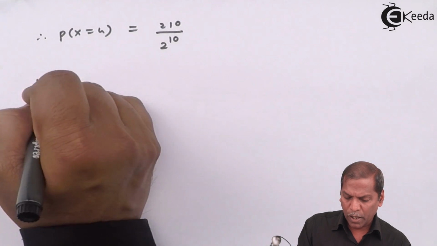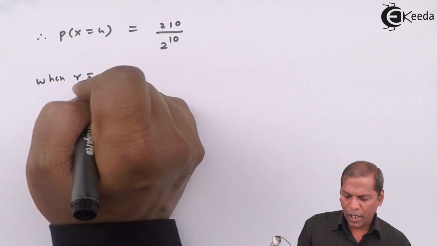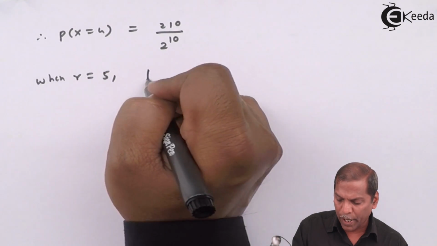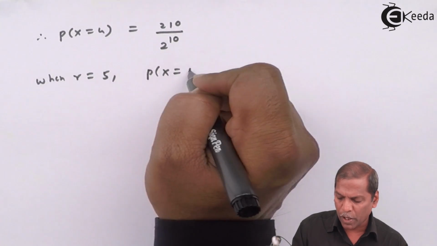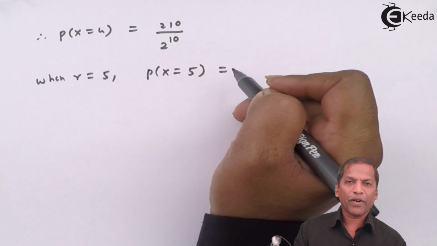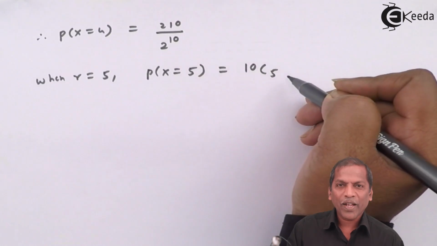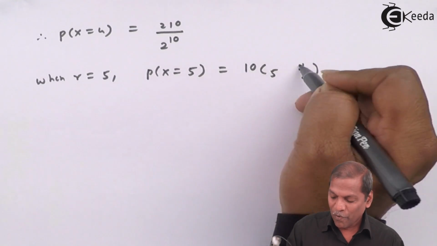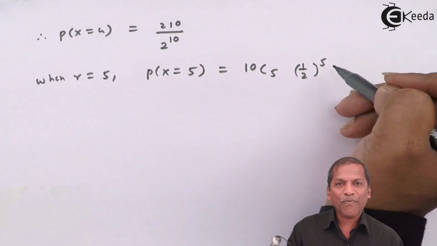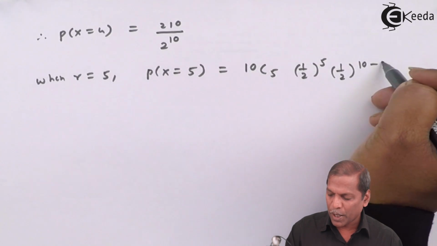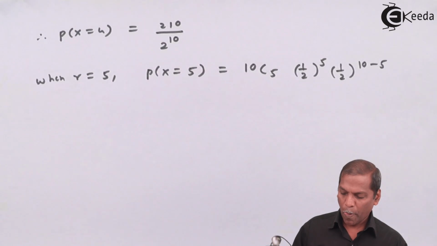Next we consider when r is equal to 5. So probability x equal to 5 is equal to 10c5 into 1 upon 2 raised 5 into 1 upon 2 raised 10 minus 5.